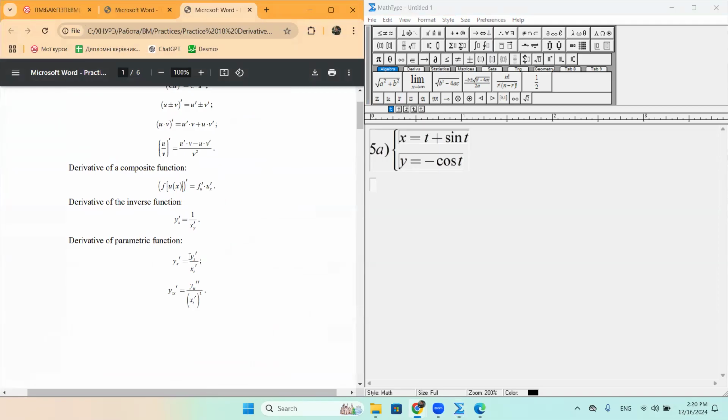So the first derivative is the following. We differentiate y and x by t, and then we divide y prime by t by x prime by t. And here is the formula of the second derivative. First of all, now we need to find the derivative of these functions by t.